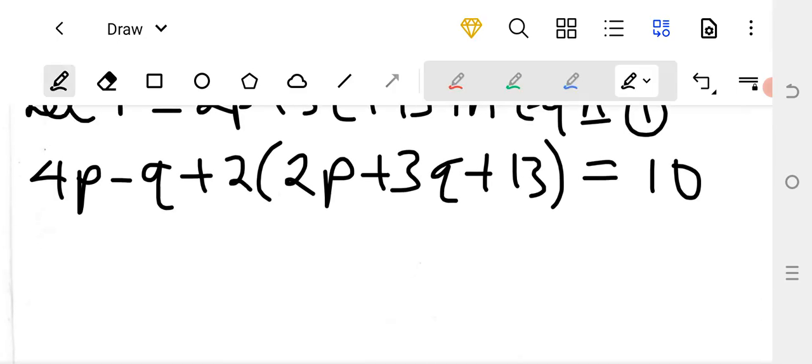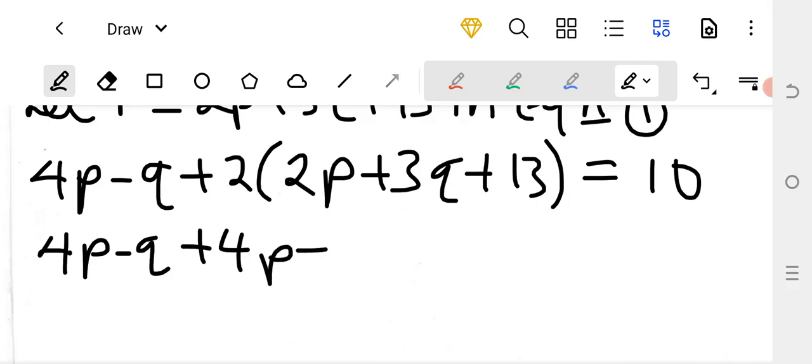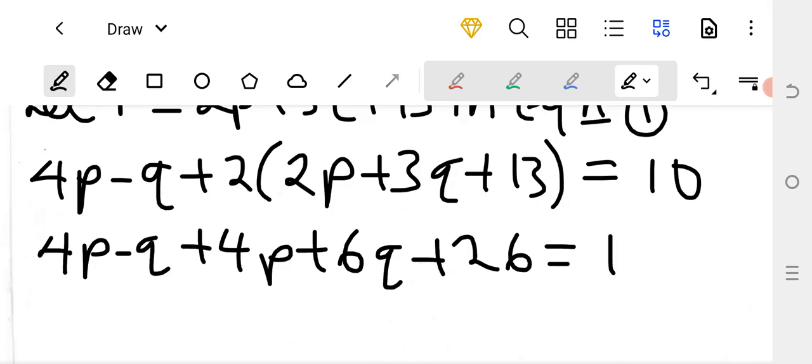So we are going to write 4p minus q plus 4p plus 6q plus 26 is equal to 10.